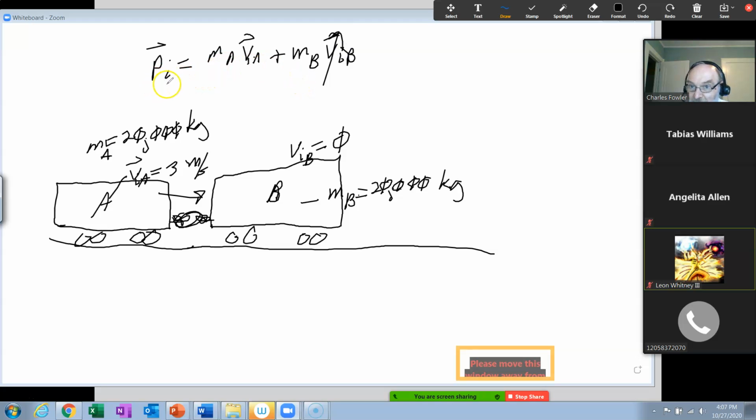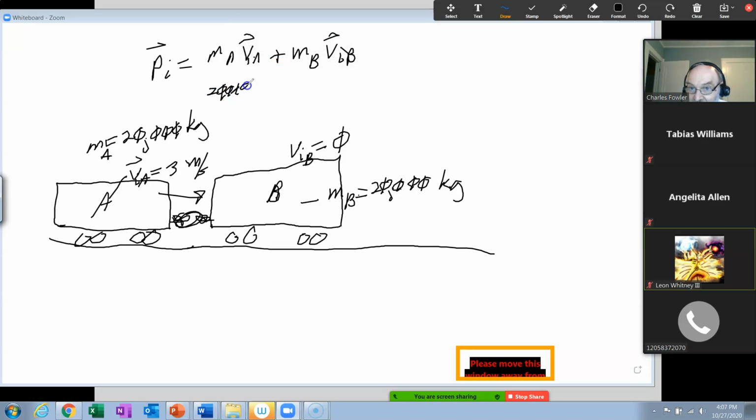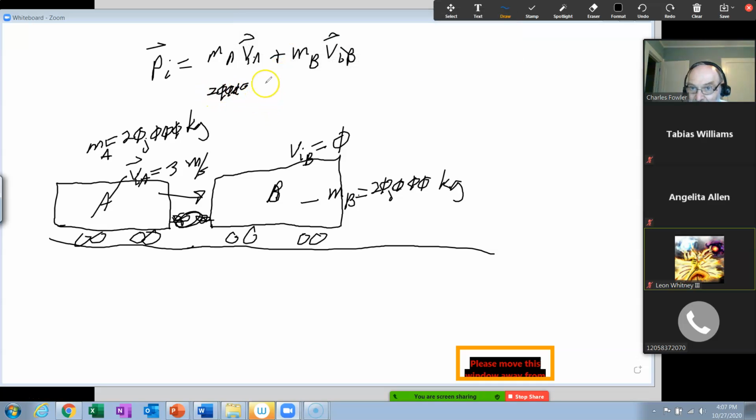So the initial momentum of the entire system is 20,000 kilograms times 3 meters per second.